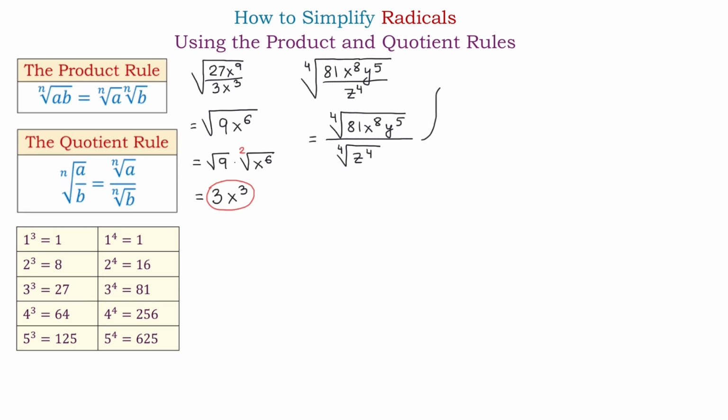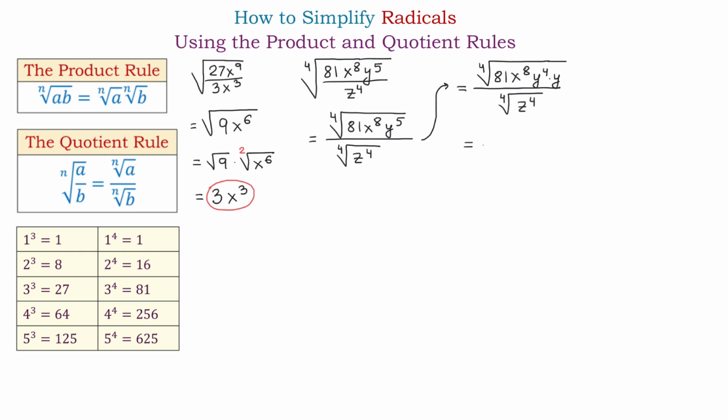So then, in the numerator, we will have the fourth root of 81 x to the 8th power y to the 4th power times another y. And in the denominator, we will keep the fourth root of z to the 4th power.